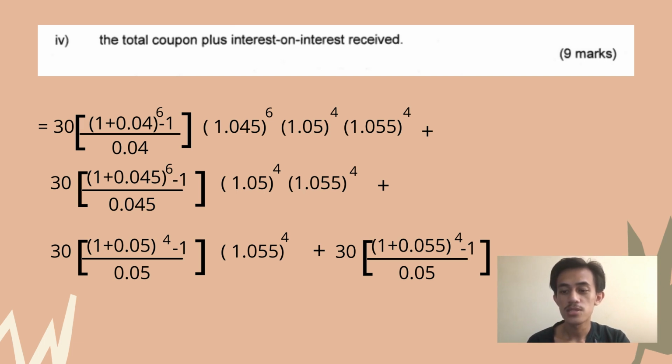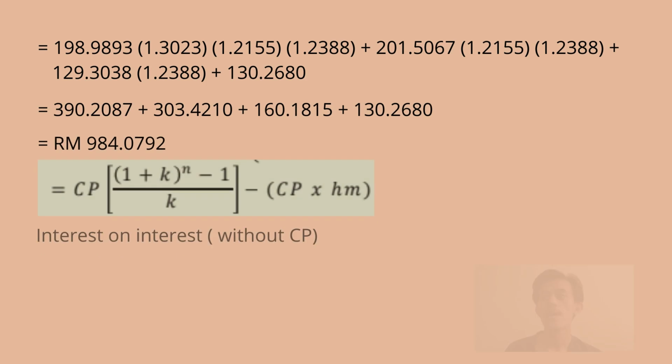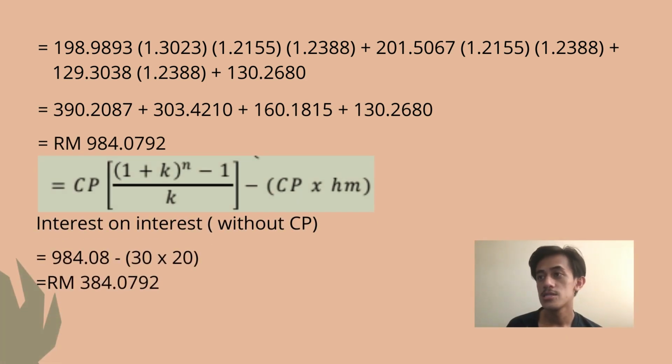This is the first step of calculation for reinvestment interest. After we calculate it, we know the answer of the reinvestment interest is 984.0792 ringgit.